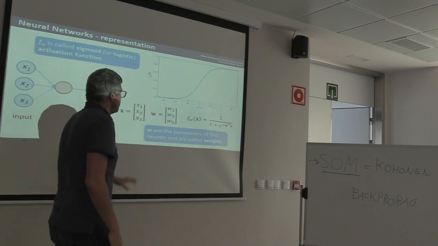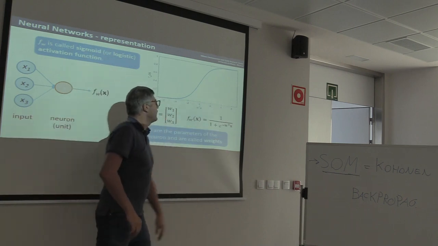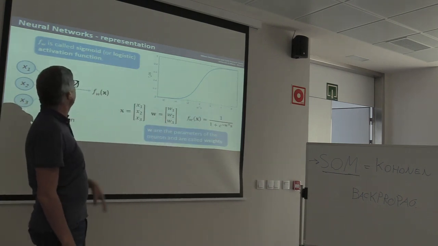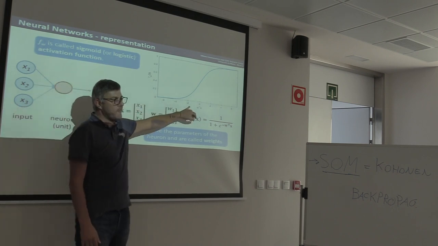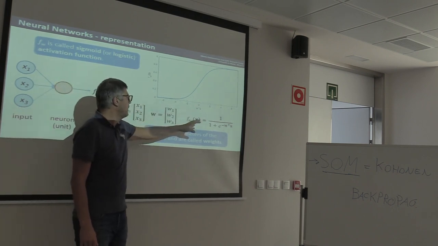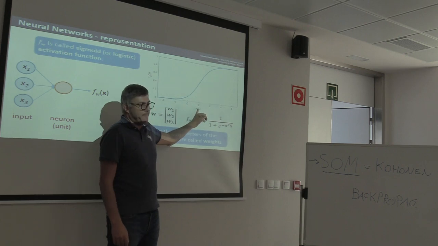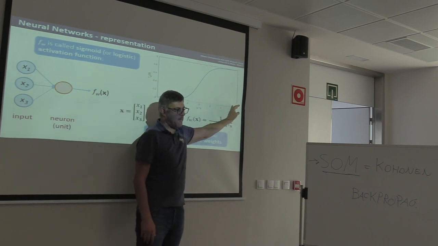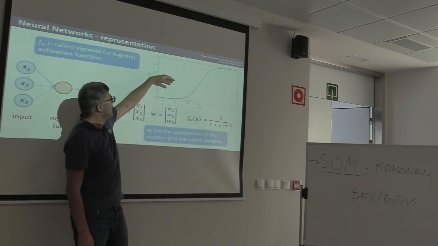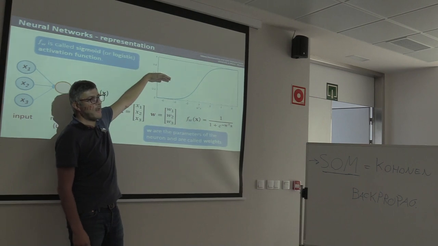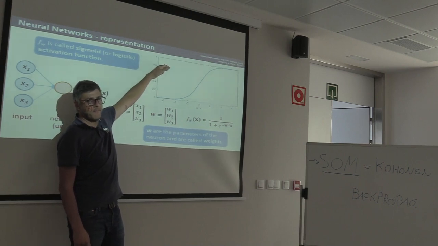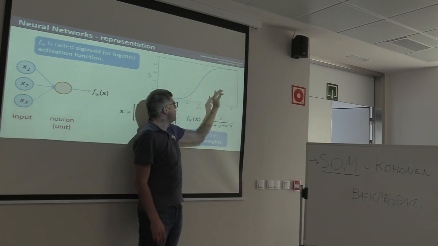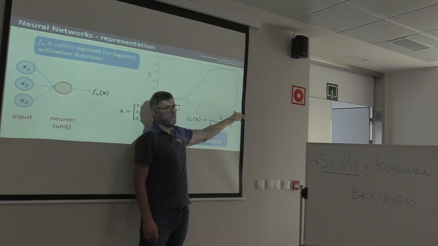So, look at the activation function, the logistic function. If this linear combination is higher than 0, then you get an activation function which is higher than 0.5, and it tends to 1 if the linear combination is very high.